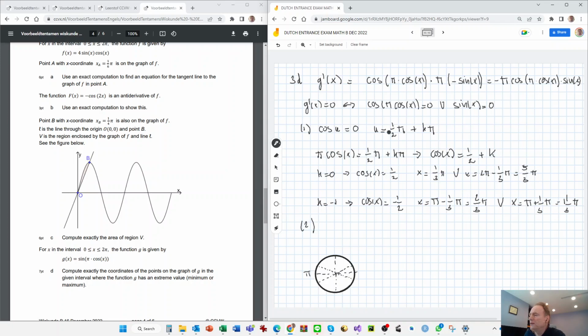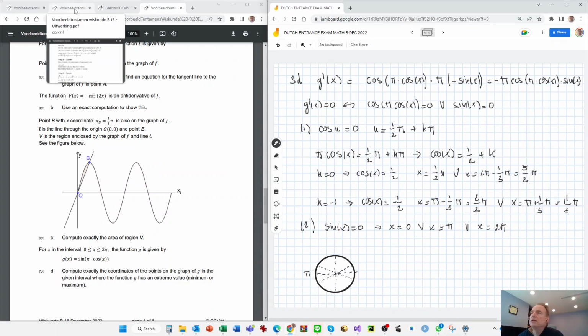Obviously, the sine is the projection on the y-axis, so that happens when sine x is 0, and within this interval that happens when x equals 0, or x is equal to pi, or x is equal to 2 pi.